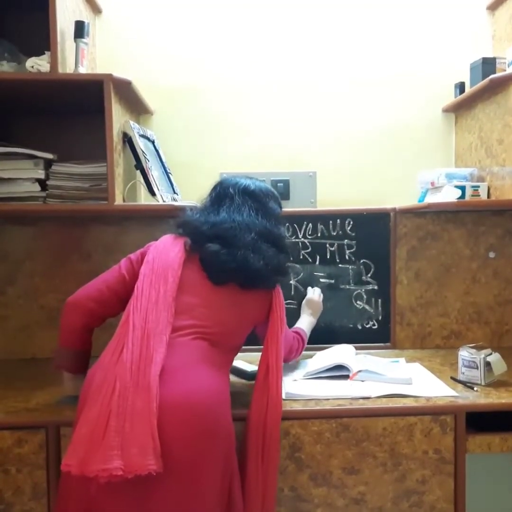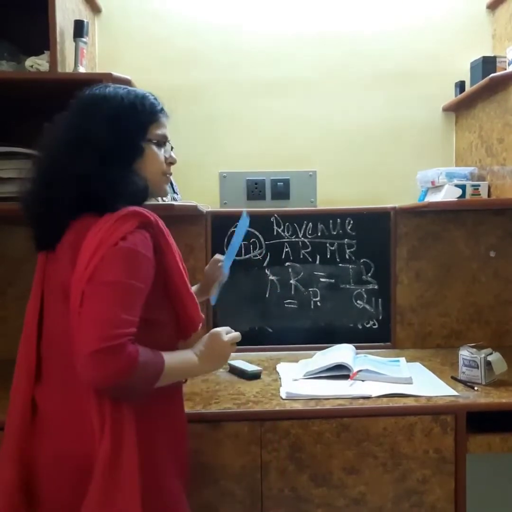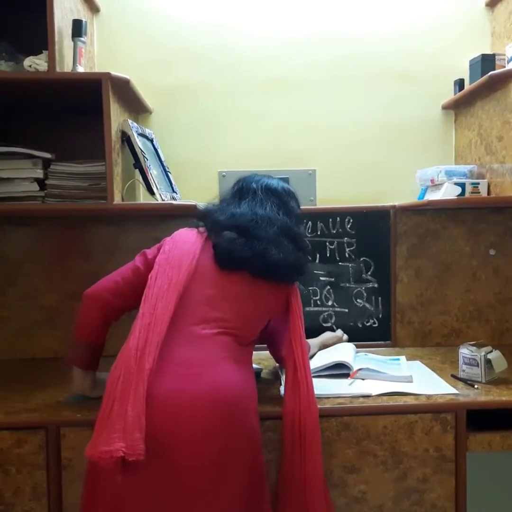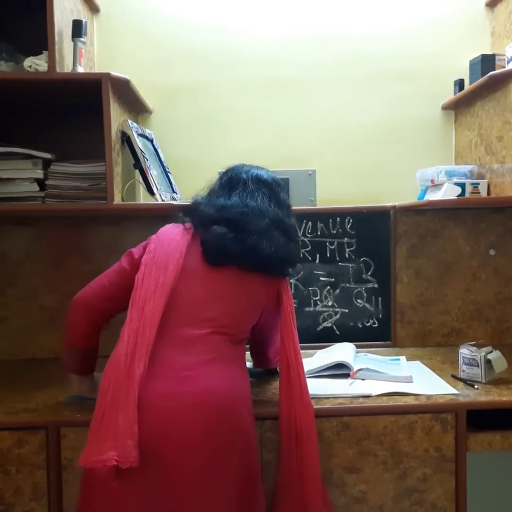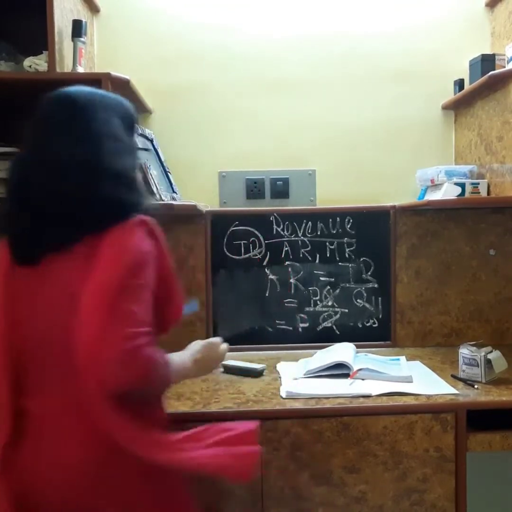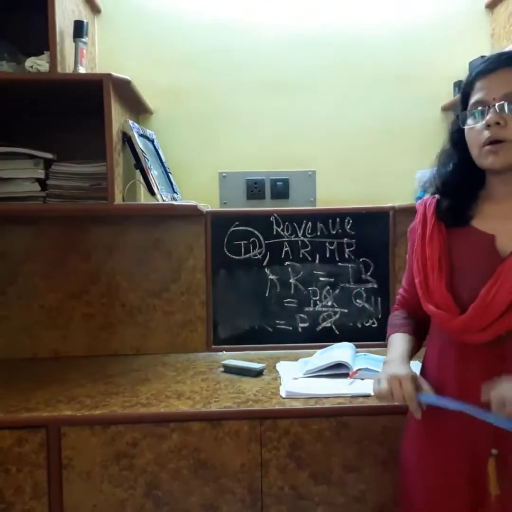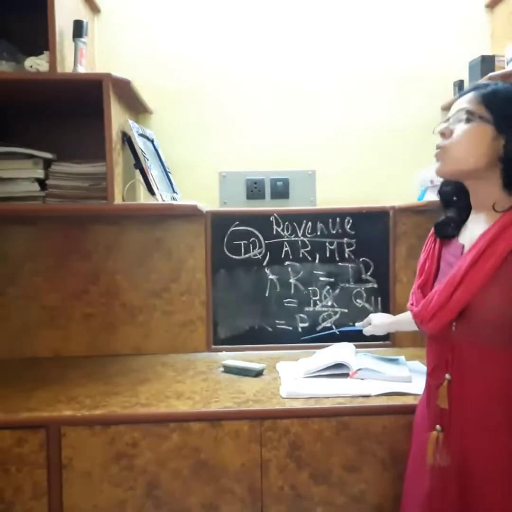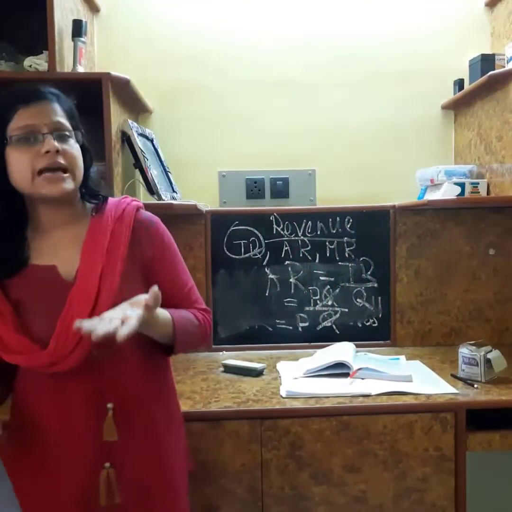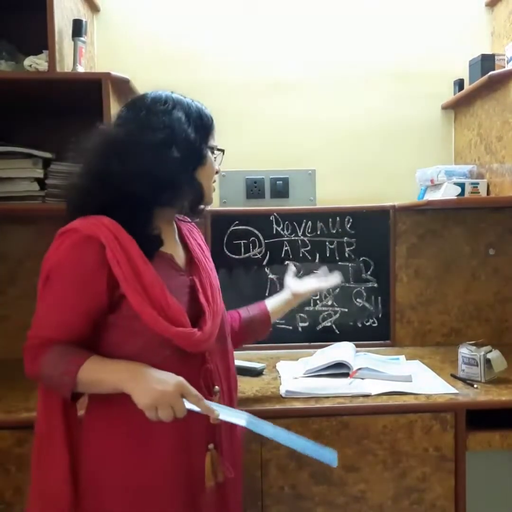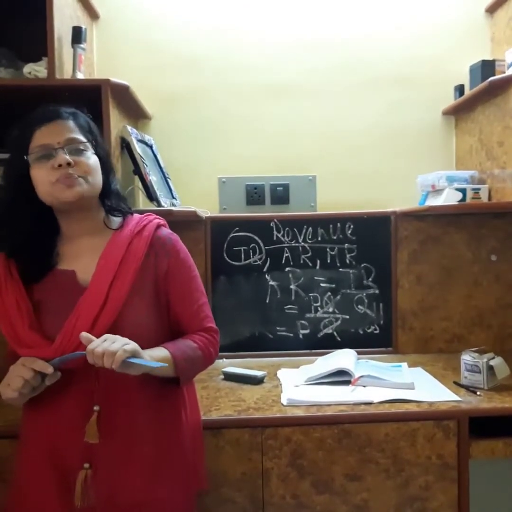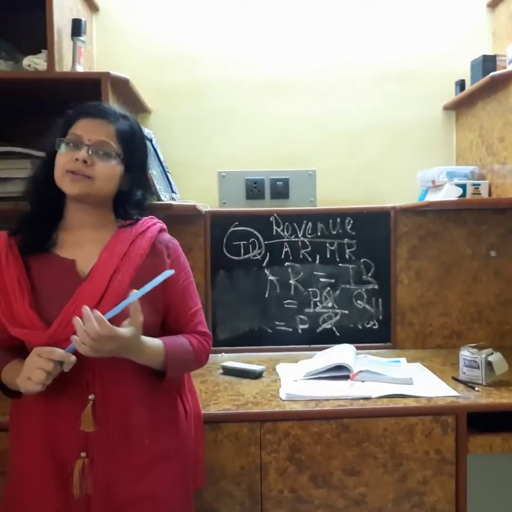How can I write TR? TR is price, selling price per unit, into quantity of output sold, divided by Q. Cancel, you will see this is P. So always remember the value of average revenue AR must be equal to P, whatever the nature of the market. It can be perfect competition, monopoly, or oligopoly, whatever the kind of market, whatever the nature of the product, the average revenue should be equal to the selling price of the product.